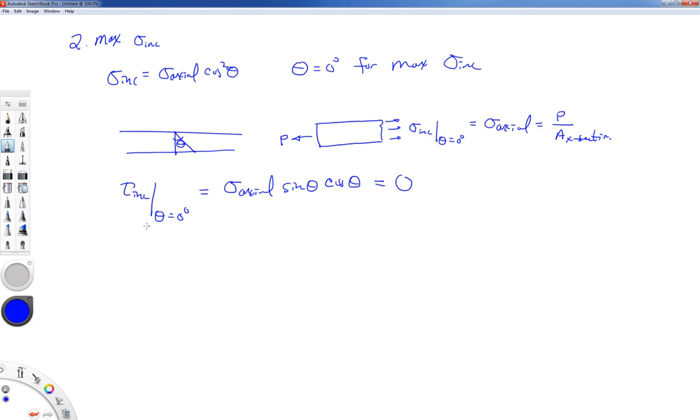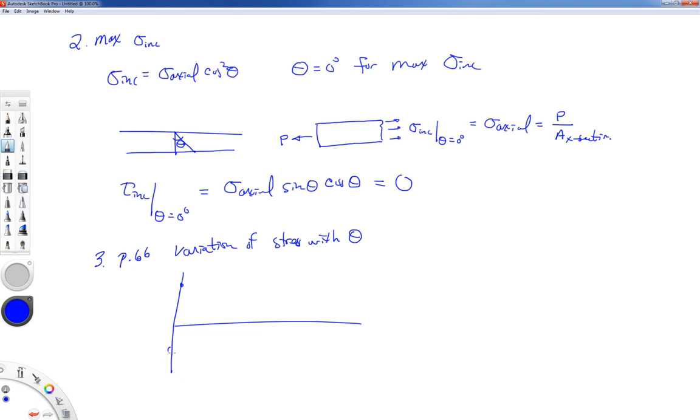Now, if we were to plot these out, if you're using Craig 3rd edition, you can take a look at the book on page 66. But we can plot the variation of stress with the angle theta. Okay.